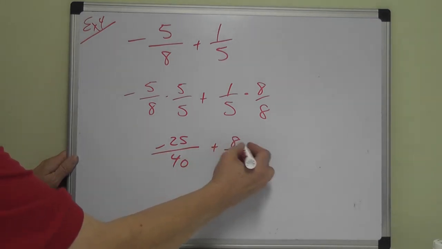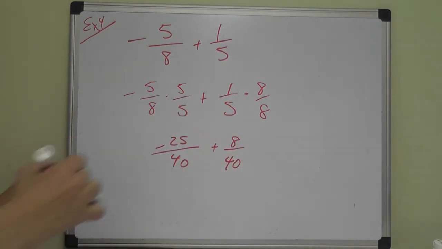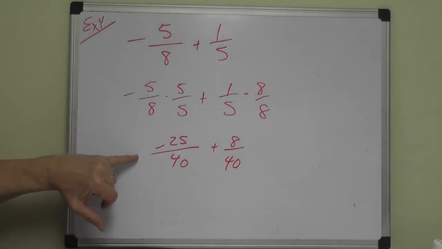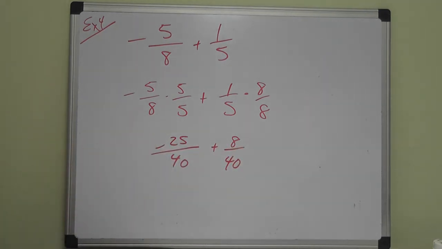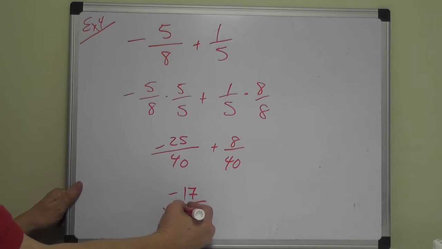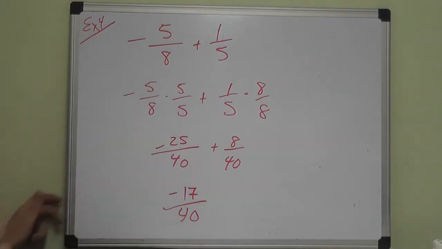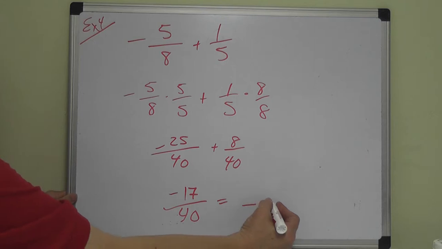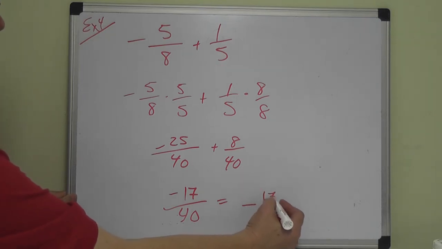We have negative 25/40 plus 8/40. We have our common denominator. Negative 25 plus 8 is negative 17/40. If you wish to rewrite this so that you have that negative sign in front of the entire fraction, that's fine.